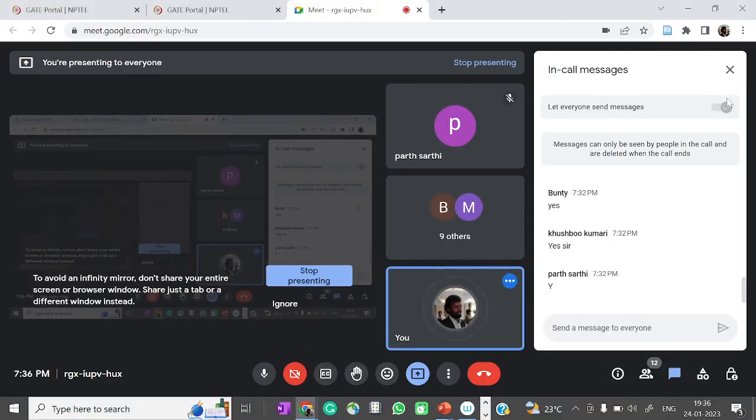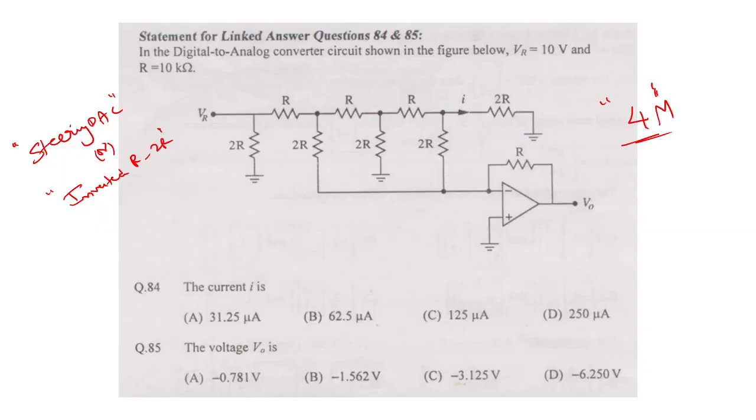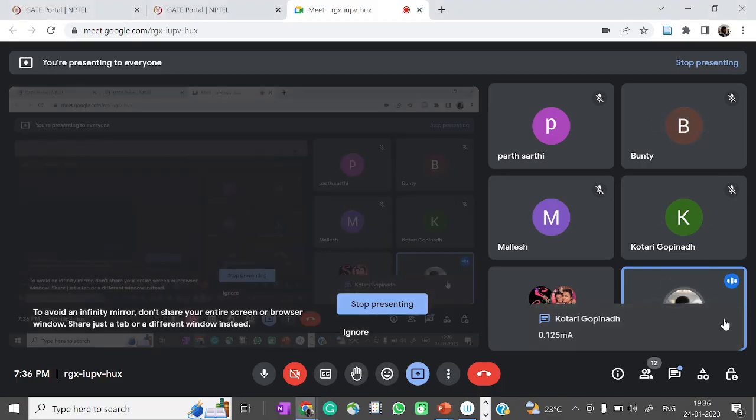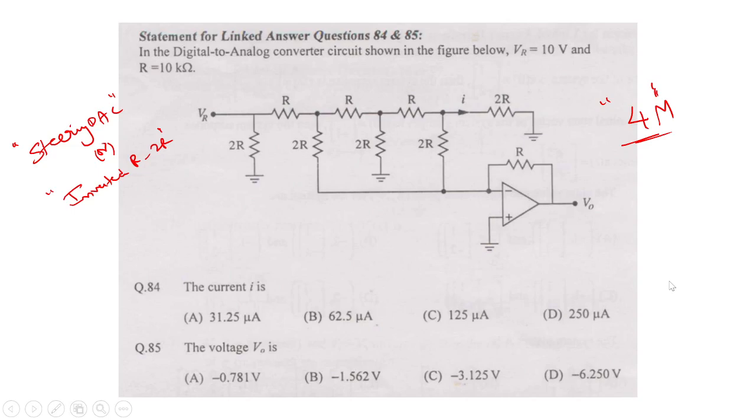Any answers? 0.125. Okay. So somebody is saying option C.